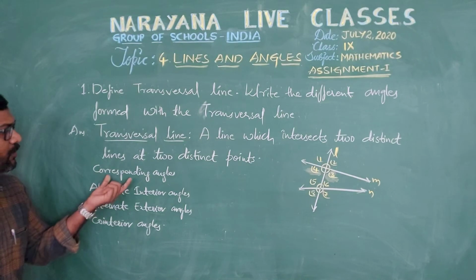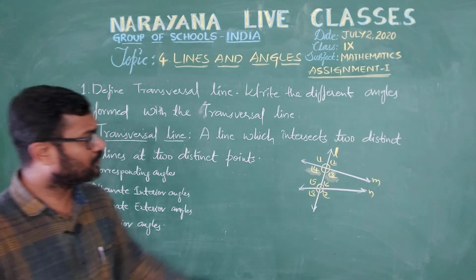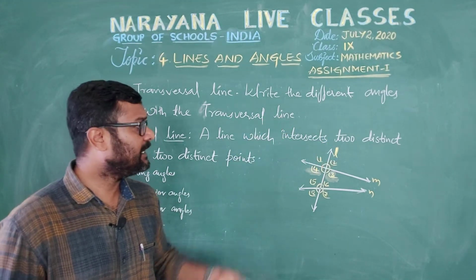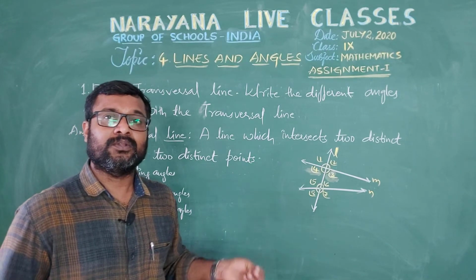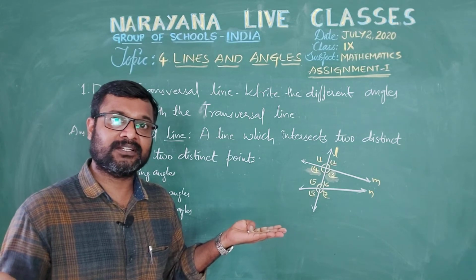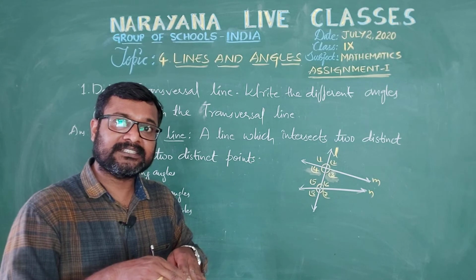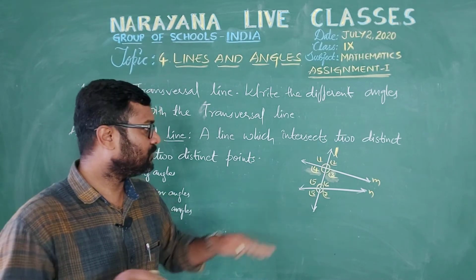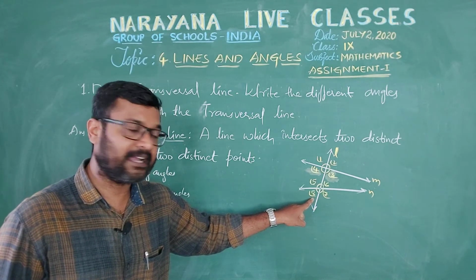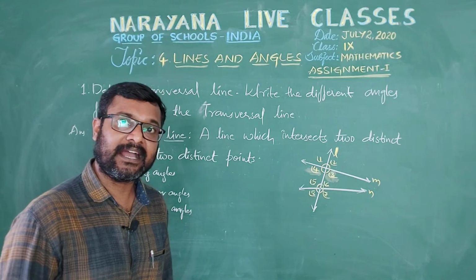So, what are corresponding angles? Corresponding angles are those where one is exterior and one is interior. Exterior means those angles which are outside the distinct lines, and interior means those angles which are inside the distinct lines. Now, 1, 2, 7, 8 are exterior angles, whereas 4, 3, 6, 5 are interior angles.